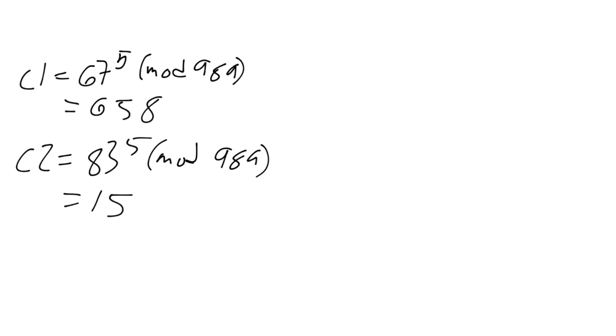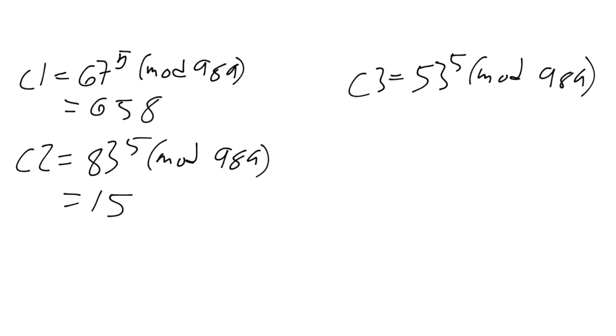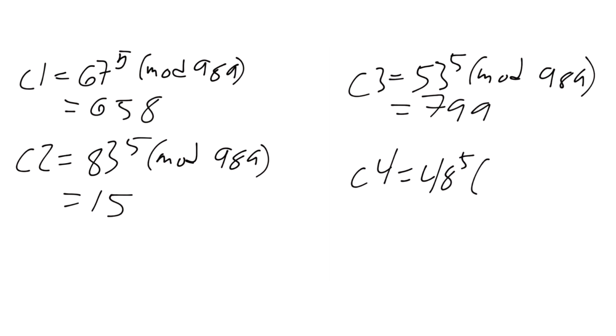For our third chunk, we have 53 to the 5th mod 989, which is equal to 799. And finally, for our last chunk, we have 48 to the 5th mod 989, which is equal to 975. Now we can send over these encrypted values to Rob.